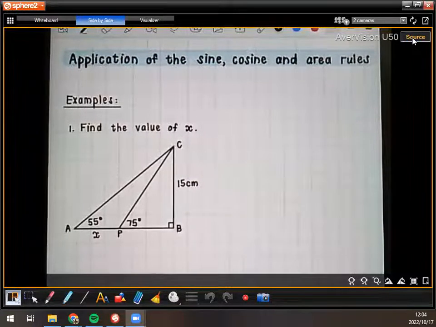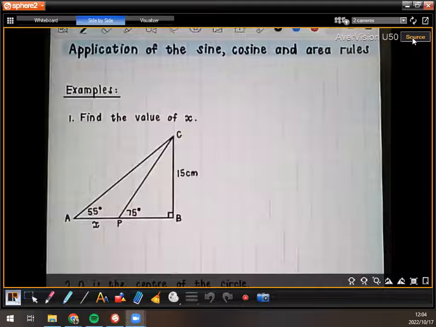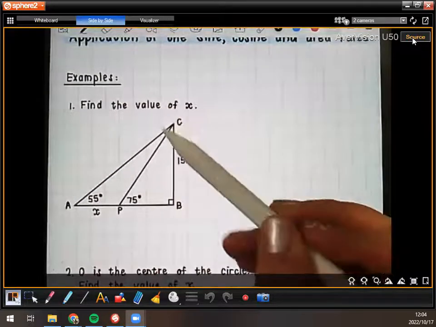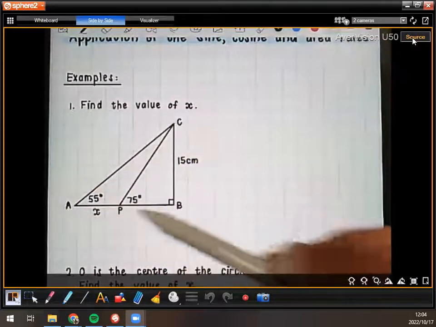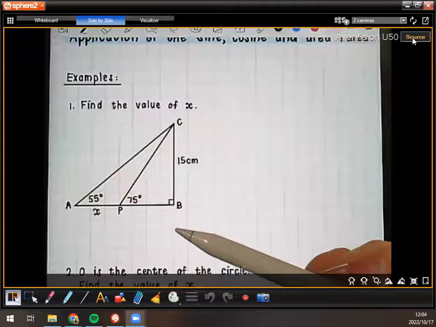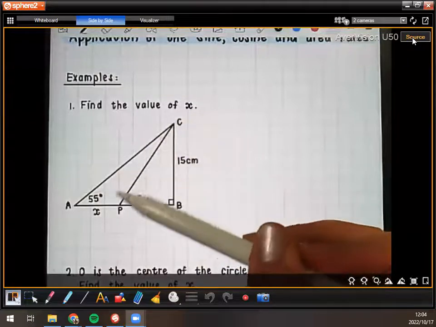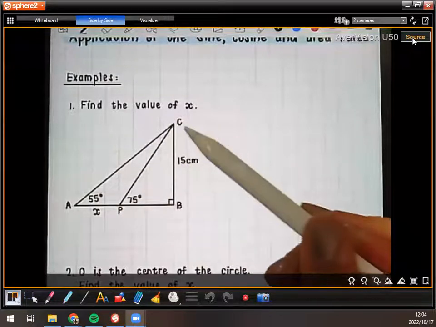Now in this question, we have three triangles. We have a big right angle triangle. Then we have the smaller right angle triangle, which is on this side.